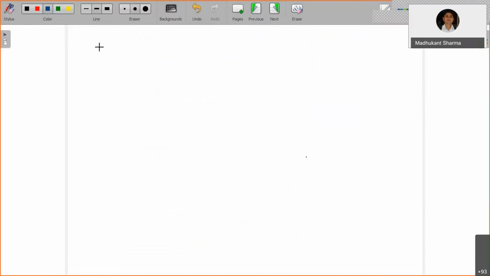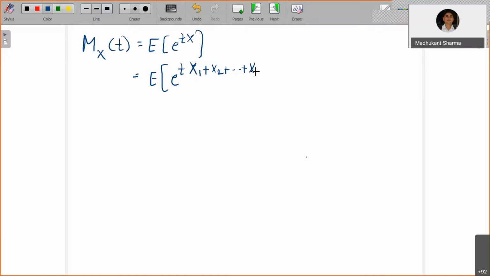We are interested in finding the moment generating function for the random variable X, which is the sum of the n normal random variables. That is going to be the expectation of e to the power tX, which equals the expectation of e to the power t times (X1 plus X2 plus and so on plus Xn), that is, the expectation of e to the power tX1 into e to the power tX2 and so on into e to the power tXn.